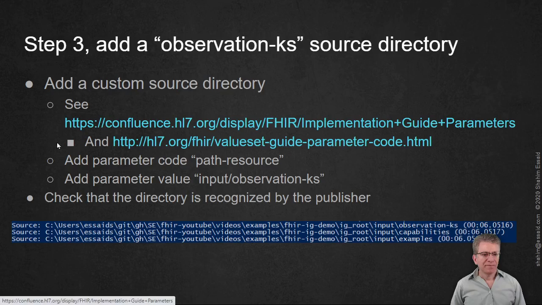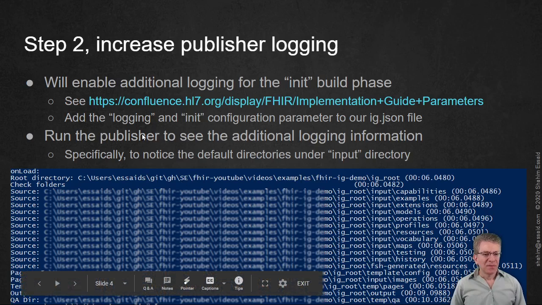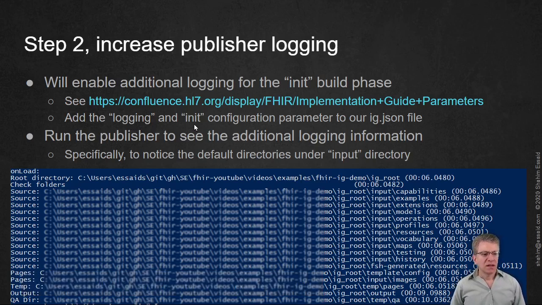Okay, so I'm going to add the logging parameter and set its value to init in the ig.json file. If you run the publisher again, you'll see some additional output early on in the build.